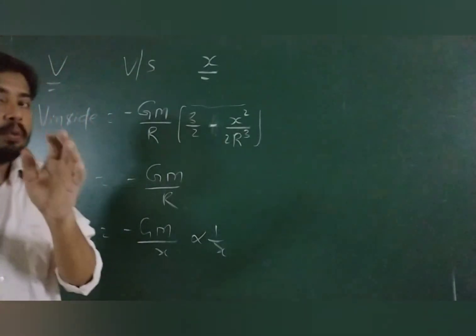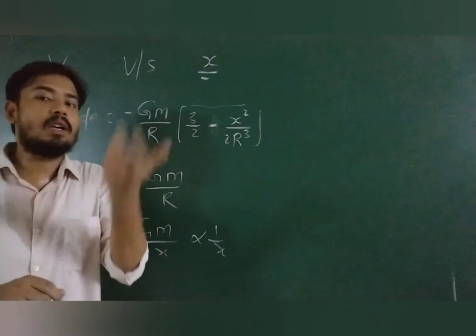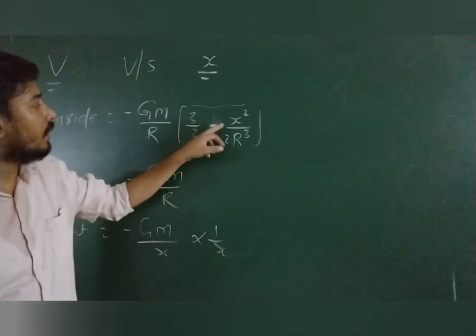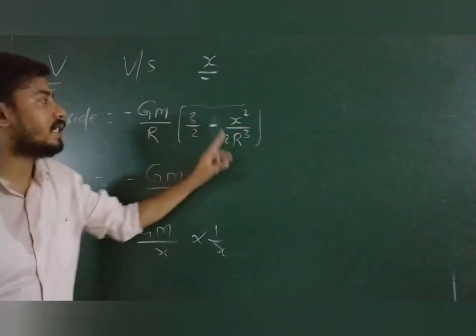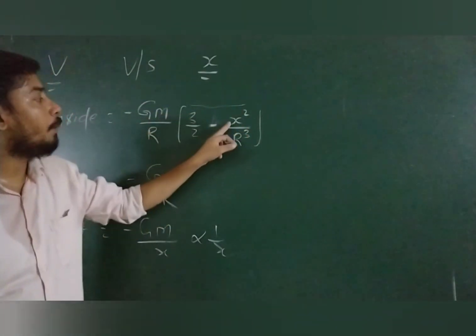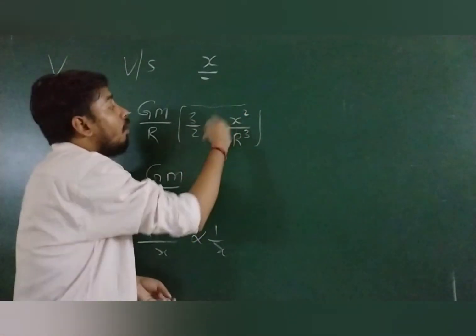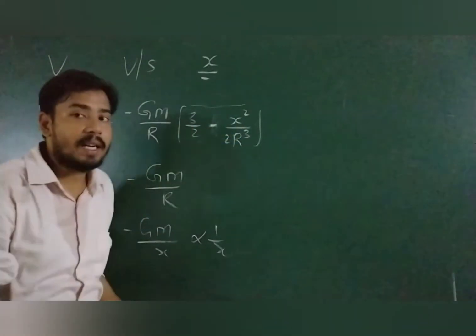So plot the graph. Just take a small practical view for a clearer feeling. Suppose this is a constant, and only this will change. If you increase x, this amount will increase, so ultimately this total value will decrease.